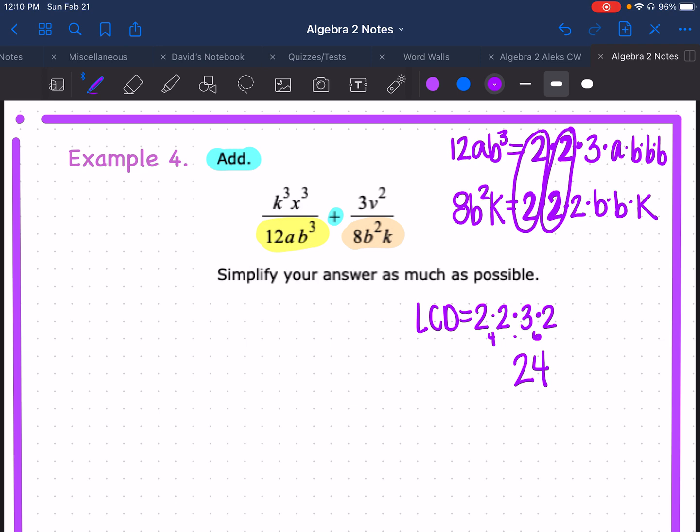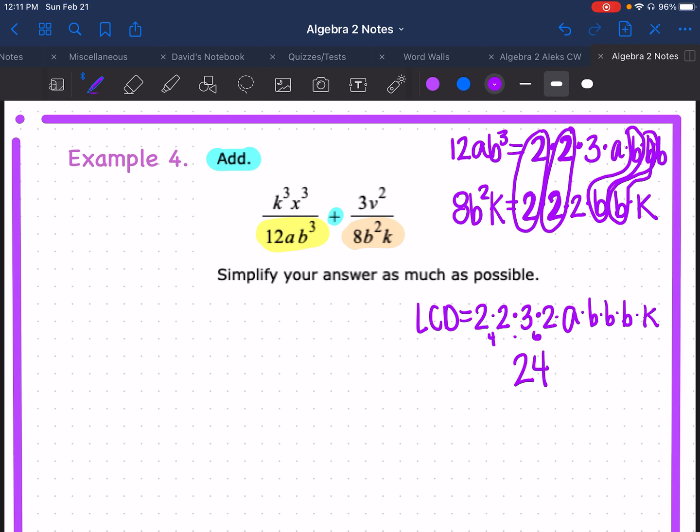Now let's go ahead and look at our letters. There's an A, so the A's got to come down. How many B's do they have in common? Well, they have one set of B's, they have two sets of B's, and then there's a third B. So I've got to do all three B's, and then there's a K. Now, most of the time with your variables, with the letters, they're going to go in alphabetical order.